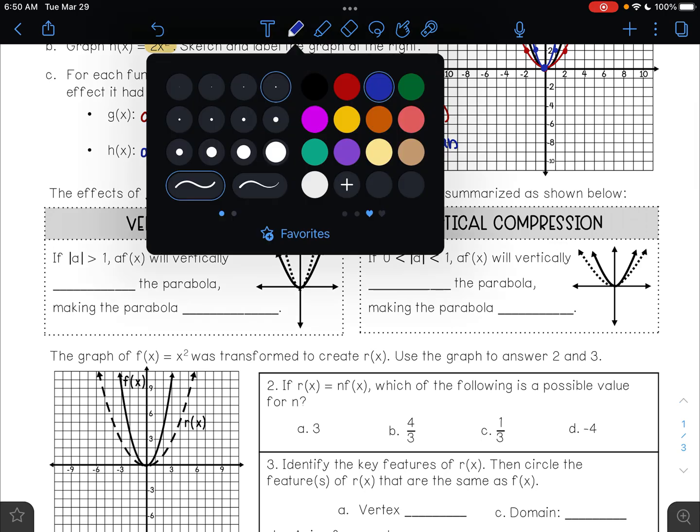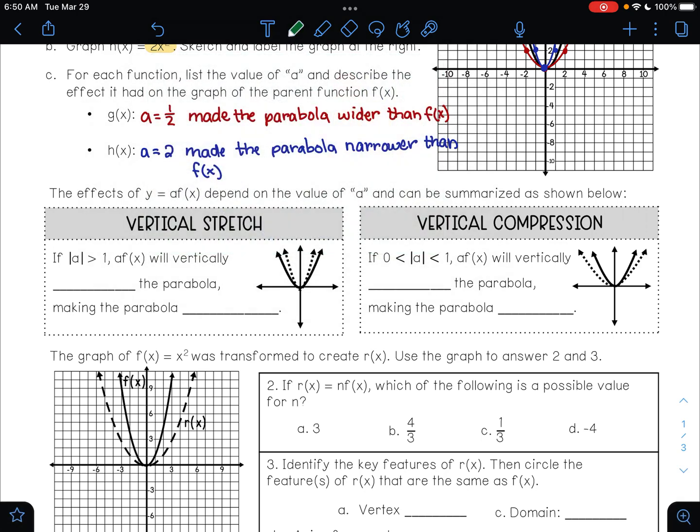So, summarizing what this means, if the absolute value of a, meaning we're not worrying about a negative sign, is greater than 1, then it's going to be a vertical stretch. That's the one that made it look skinny. And that makes the parabola narrower.